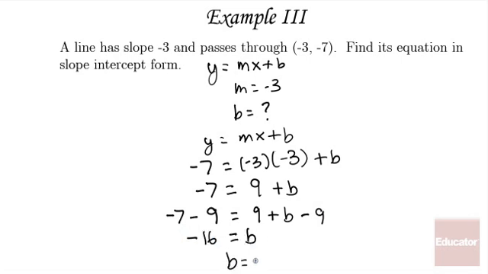So now I know that b equals -16, m equals -3. I can write this equation as y equals, put in the -3 here for m, -3x, and then here I have -16 as b. Therefore, this equation in slope-intercept form is y equals -3x minus 16.